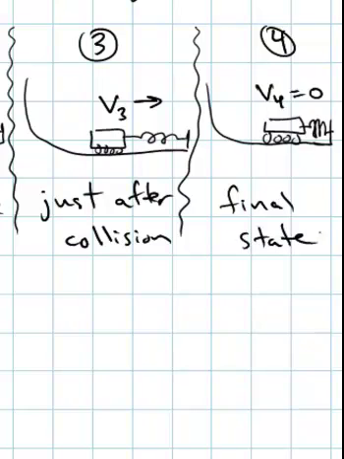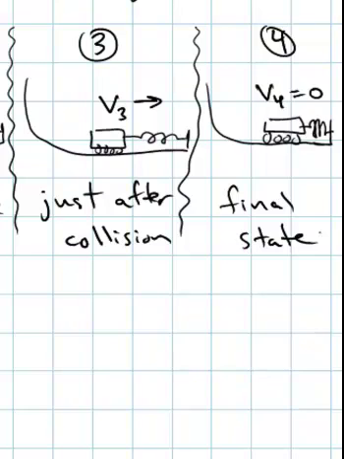Okay, so I always approach these problems the same way. I break them up into time intervals. For a typical ballistic pendulum problem, my time 1 would be the split second before the collision. My time 2 would be the split second after the collision. And my time 3 would be some later final state when the pendulum comes to rest. But in this problem, I have 4.